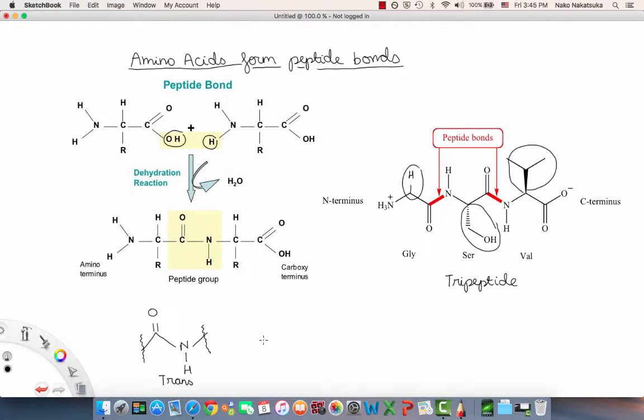On the other hand, what if we had cis? In this case, the hydrogen would be here, the carbonyl would be here, and now the amino acid chain is on the same side of the carbon-nitrogen bond, and thus this is cis. The torsional strain is less for trans in comparison to cis, so the equilibrium favors the trans isomer by approximately 2 kilocalories per mole.